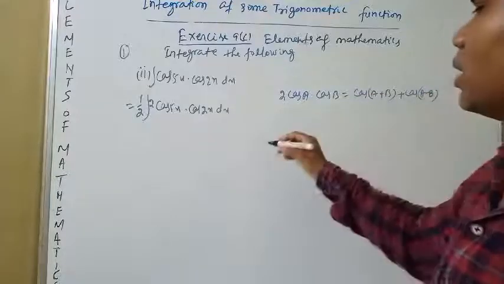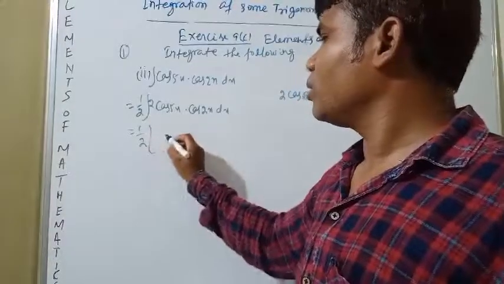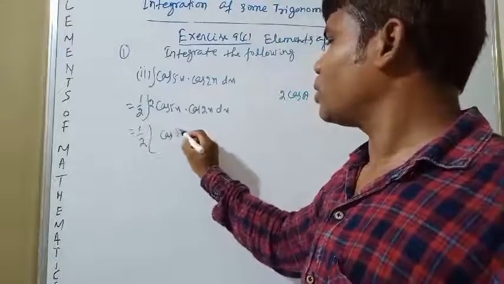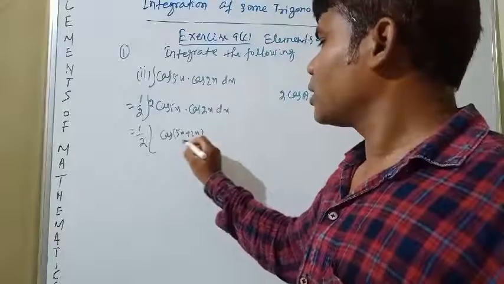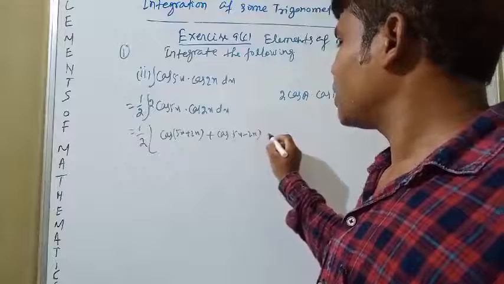So here you can get half. This is equal to cos 5x plus 2x plus cos 5x minus 2x dx.